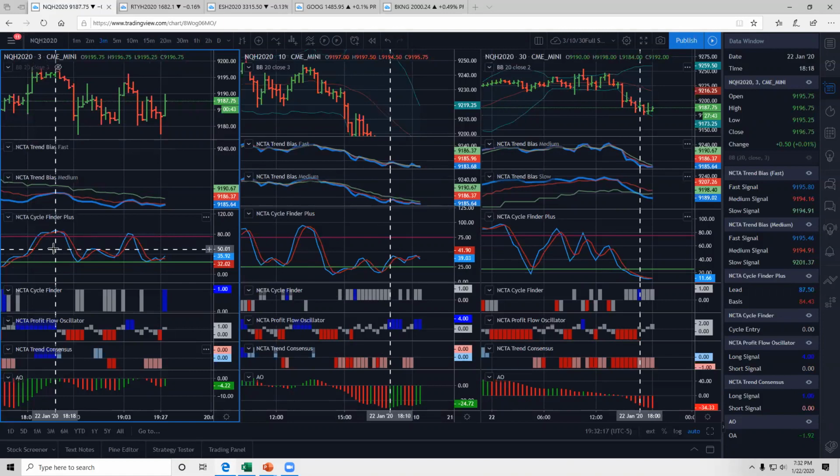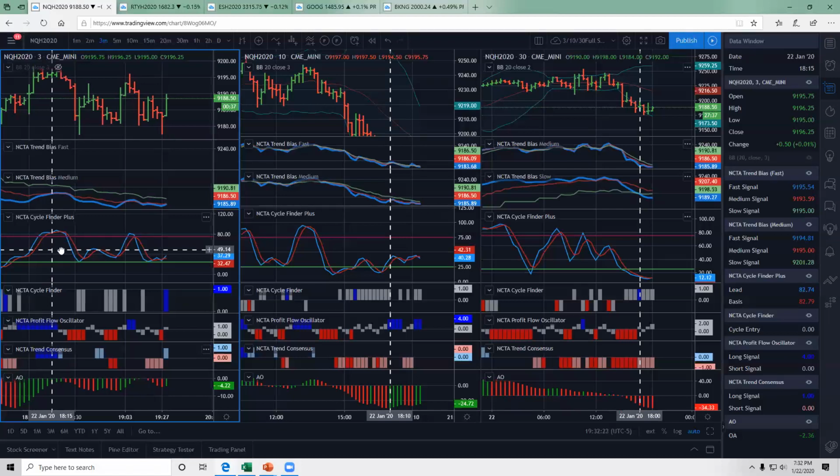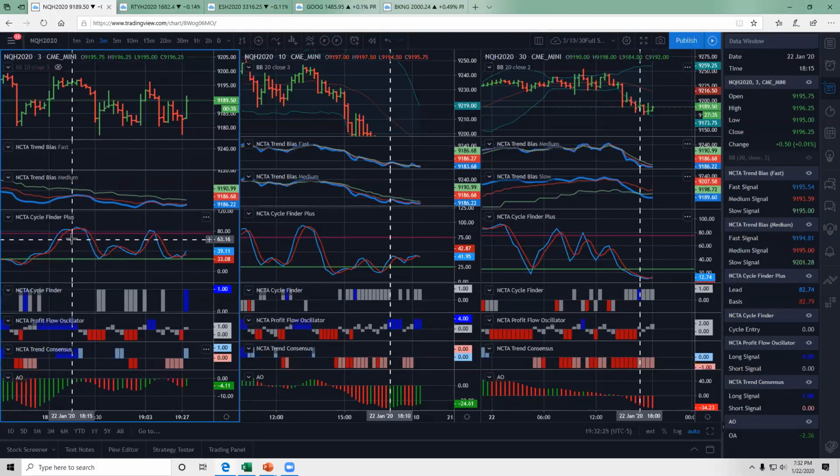Let me just see if there's a good example here. Over here, on the 3-minute NQ, here was a cross to the downside. Now that's at 18, that's after regular market hours, but I'm going to give you this one as an example. Here's a cross to the downside.